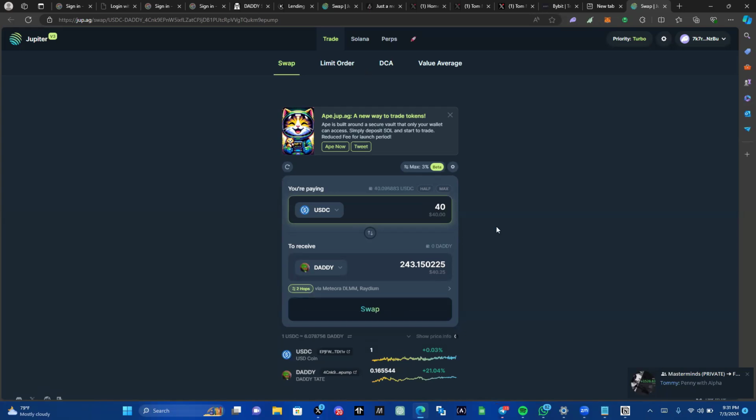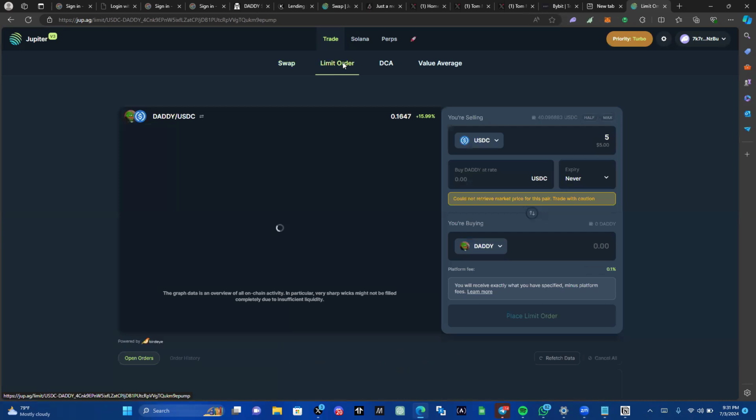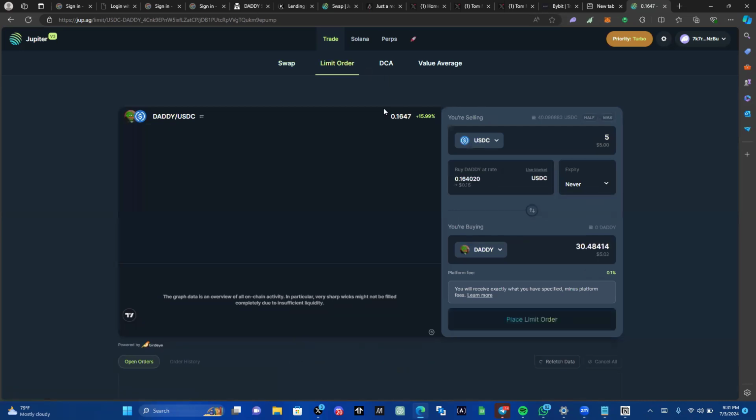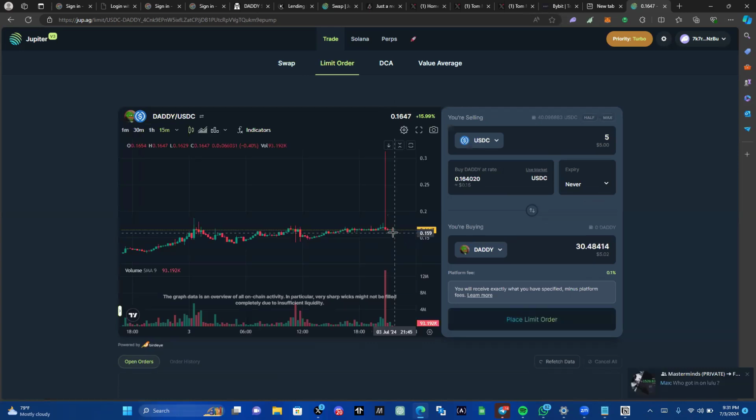But this Jupiter doesn't only have buying and selling. We have limit orders. A limit order executes when the price is reached. Currently the price of Daddy is $1.6 and I want to buy Daddy when it touches 1.5.